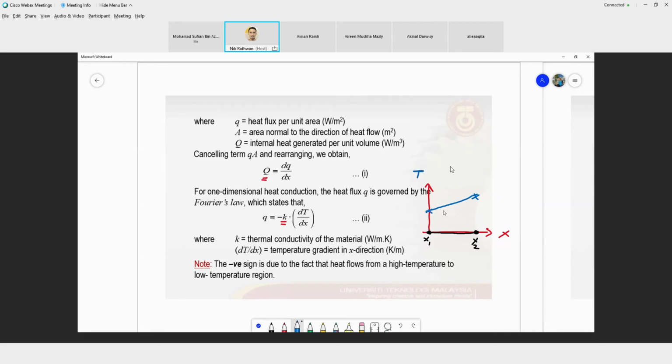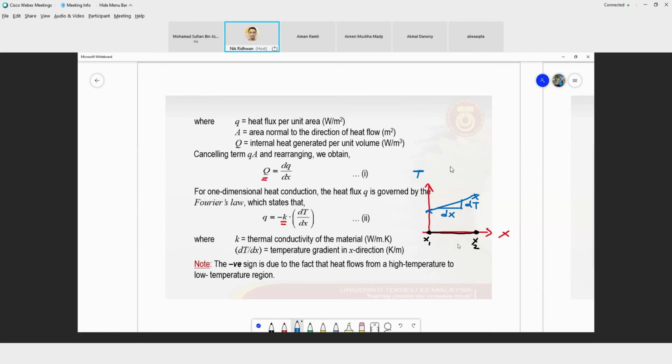If we take the gradient, in the y direction I have dT and in the x direction I have dx. So that is the slope of this graph.